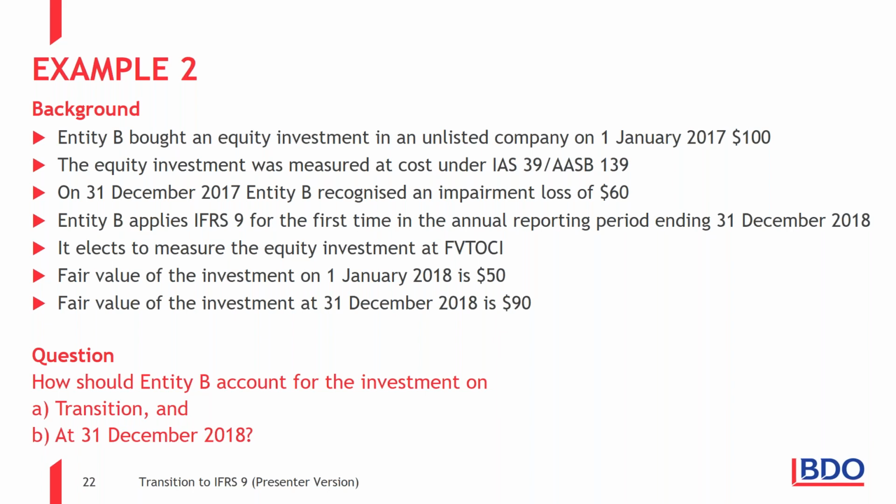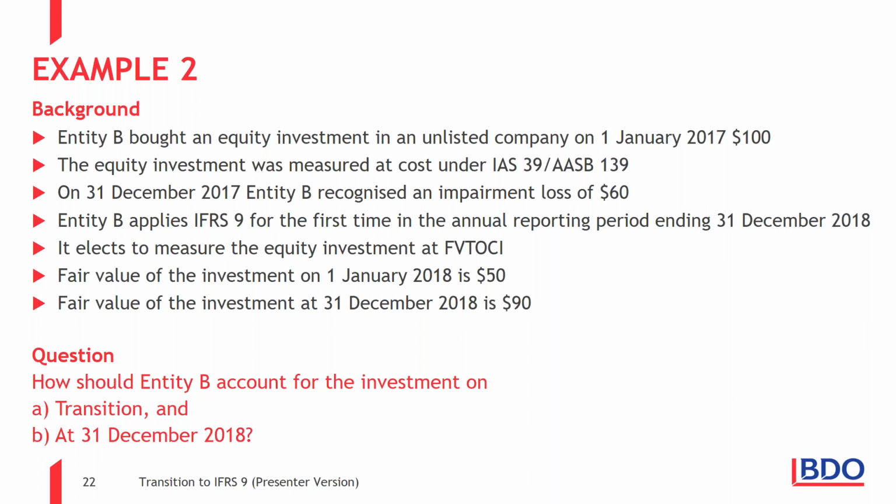Now, the equity investment was measured at cost using IAS 39 or AASB 139. And on 31 December, the end of the previous year, entity B recognized an impairment loss of 60 on that equity investment. Now, entity B applies IFRS 9 for the very first time in the annual reporting period ending 31 December, and therefore your date of initial application is 1 January 2018.